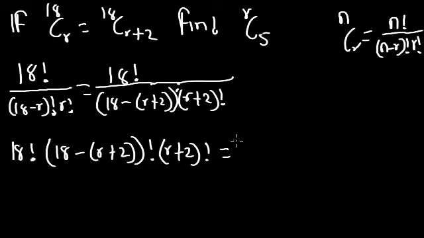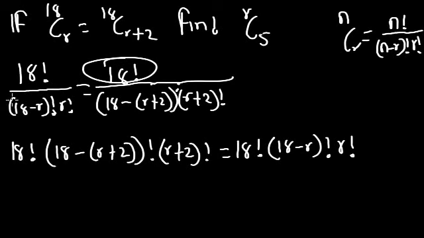And this will be equal to 18 factorial, then multiplied by 18 minus r factorial, then r factorial. What I did was I multiplied this by this. That's all it means by cross multiplying. And I multiplied this by this whole thing.